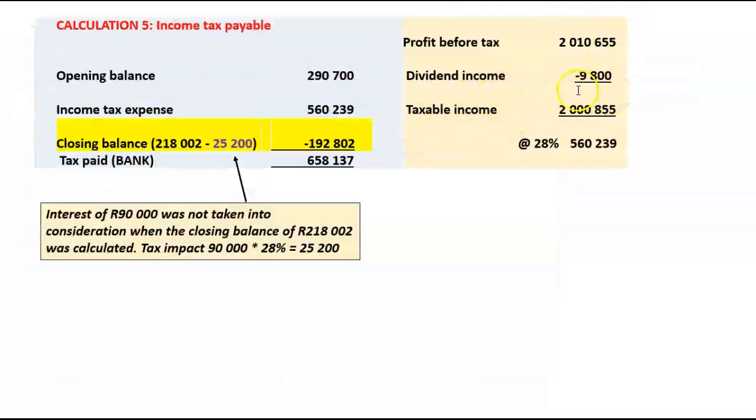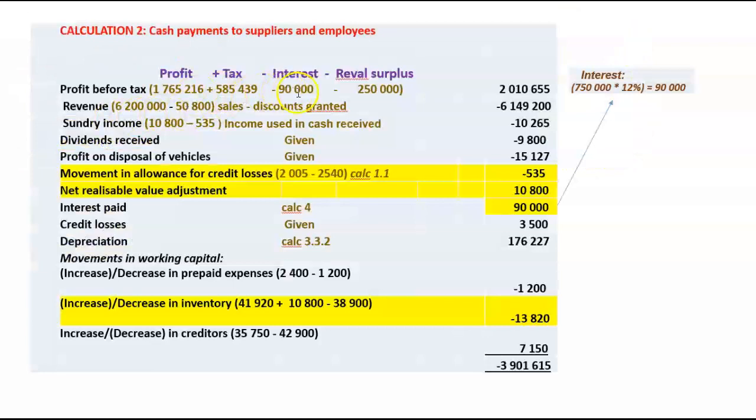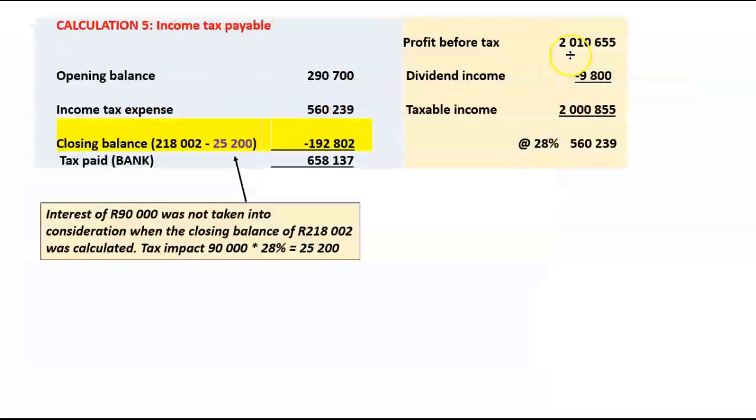That will give us taxable income of 2,000,855 multiplied by 28%, and that will give us 560,239. The 90,000 was taken into account when we calculated that figure of 2,010,655. So therefore, our tax for the year equals 560,239.